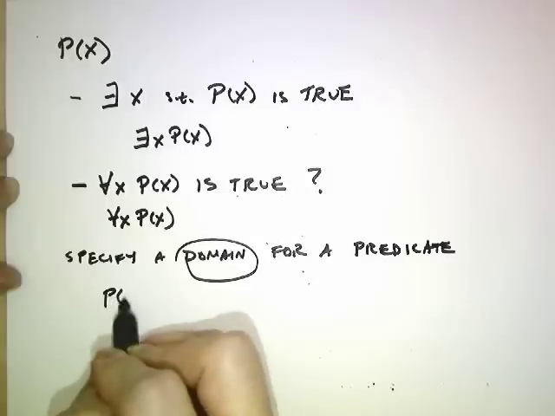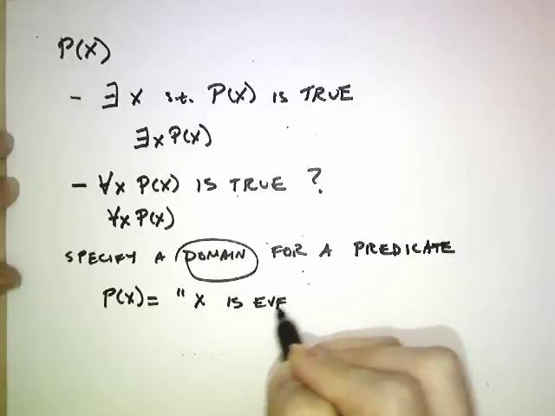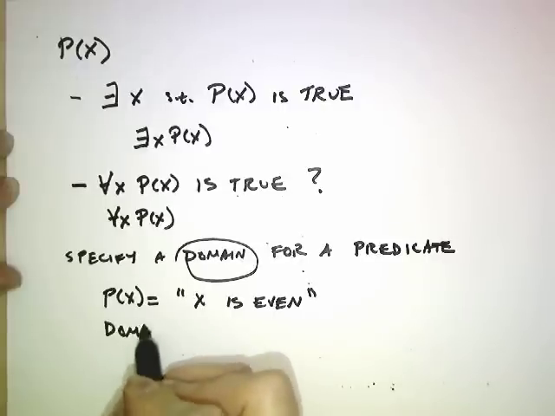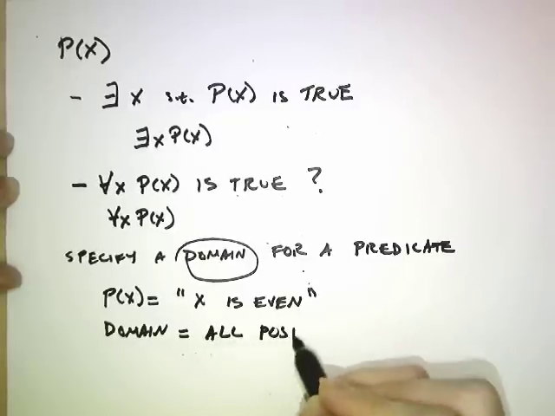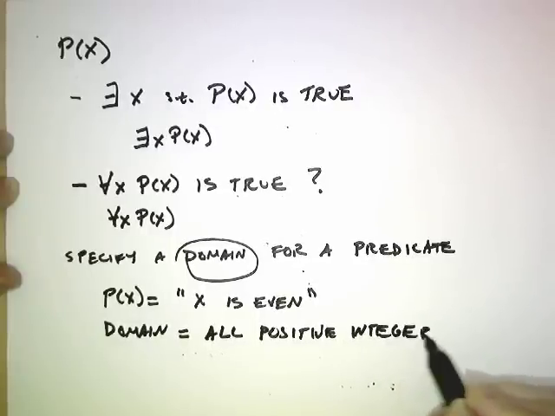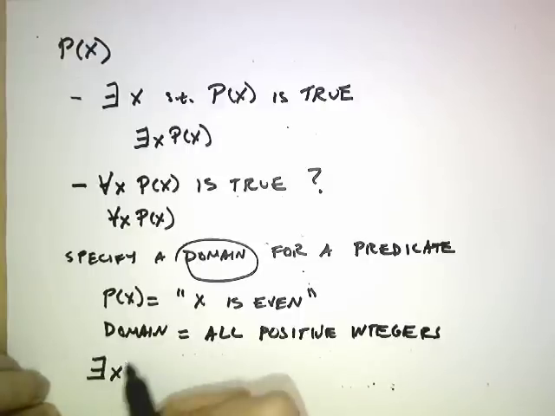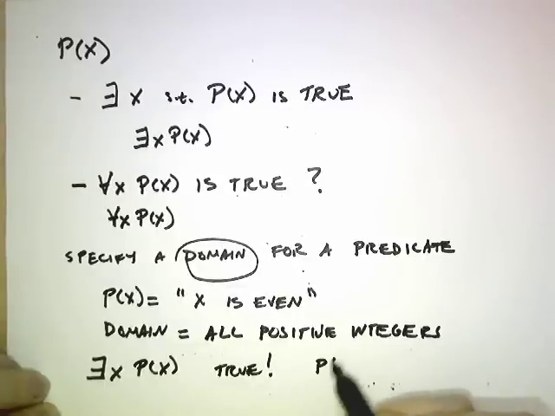So for example, if p of x is the predicate x is even, okay, let's say the domain is all positive integers, then yes, there does exist an x such that p of x is true. So there exists x, p of x. Yeah, this is true. Why? Well, p of 2 is true.